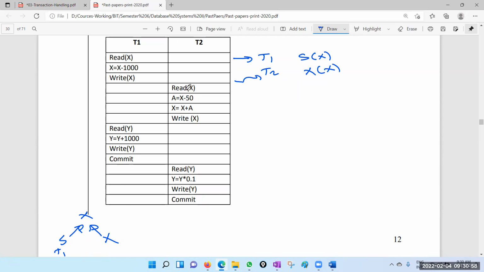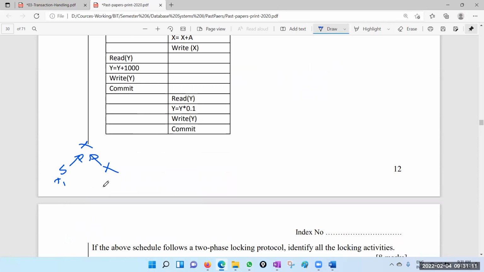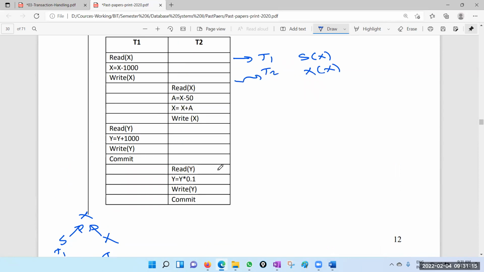Remember, when you are looking for the shared lock, you check whether the exclusive lock is available. That's all we are looking at. But the exclusive lock is not available, because it is with transaction 1. So transaction 2 has to wait.